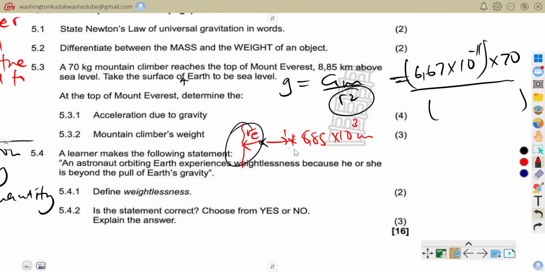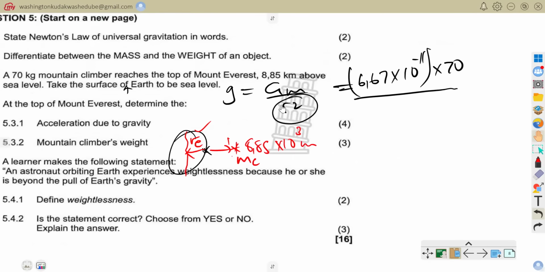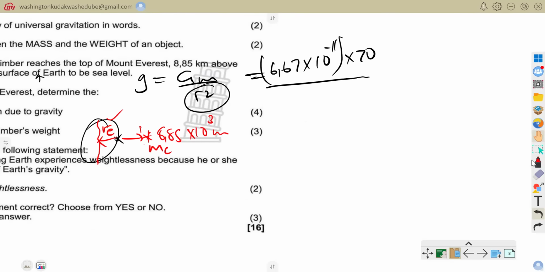to become the distance in between the mountain climber and the earth. The distance in between them becomes the radius of the earth plus this distance from the surface of the earth. So I would come here and add the radius of the earth.